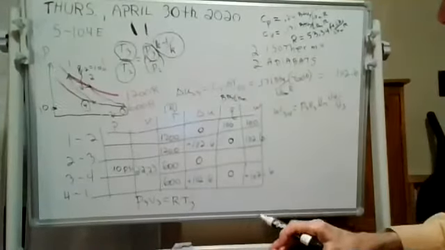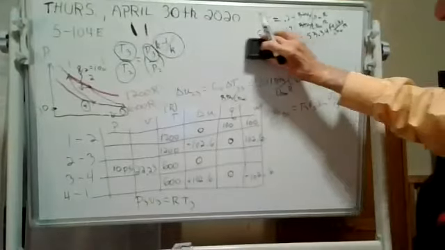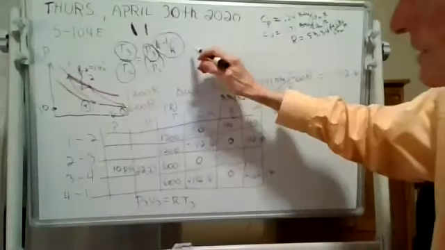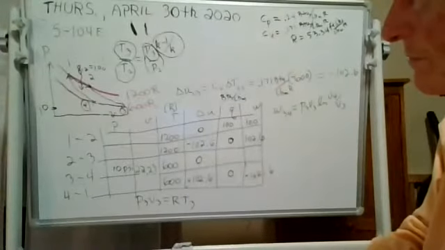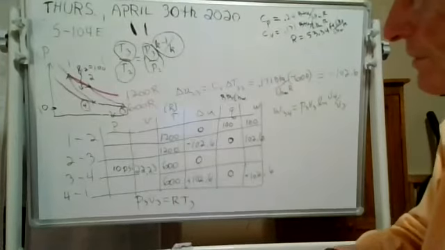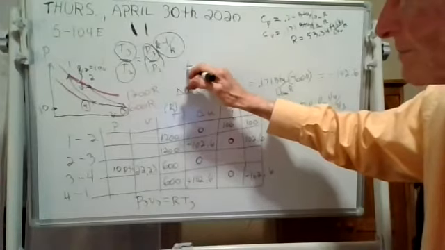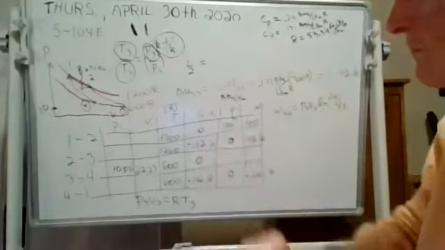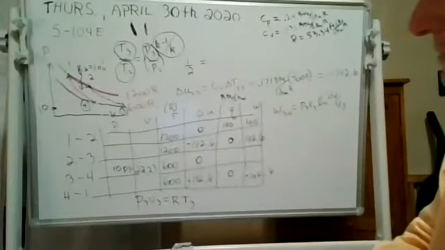Okay, let's do it. Here goes. We're going to use that equation to get P2. T3 is how much? 600. T2 is how much? 1,200. Doesn't that give you a half? It gives you 600 over 1,200.